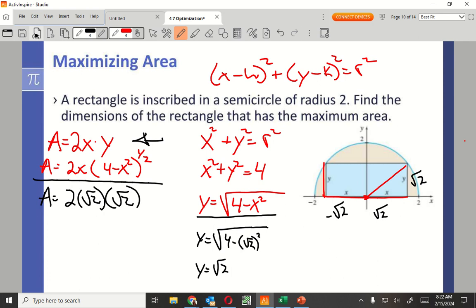So rad 2 times rad 2 is rad 4. What's rad 4? 2. Yeah. It's going to be just 2 times the 2 out front. So 2 times 2 is 4. So the maximum area is 4 units squared.